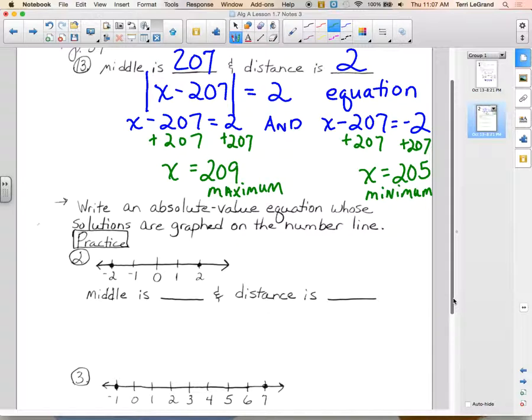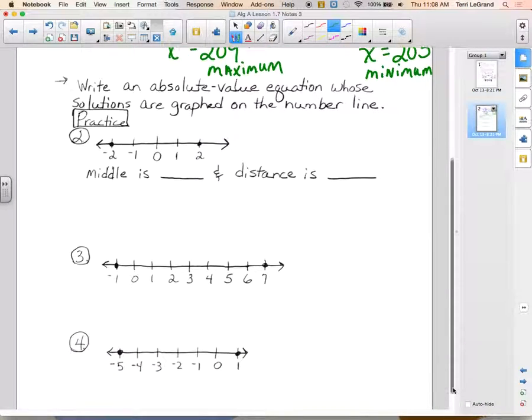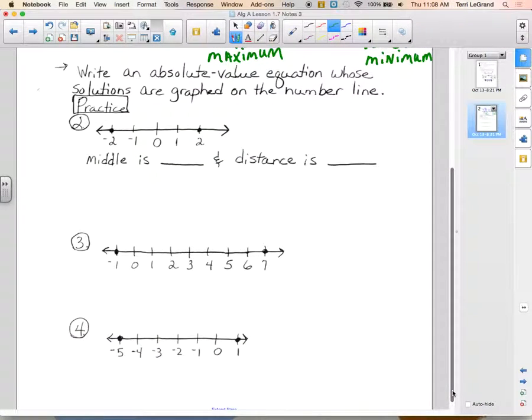The other thing we have to do today. Okay, then let's move on to that. Write an absolute value equation whose solutions are graphed on the number line. In other words, they're saying these are the solutions. You have to come up with the equation that they came from. So what are the solutions in number 2 here?